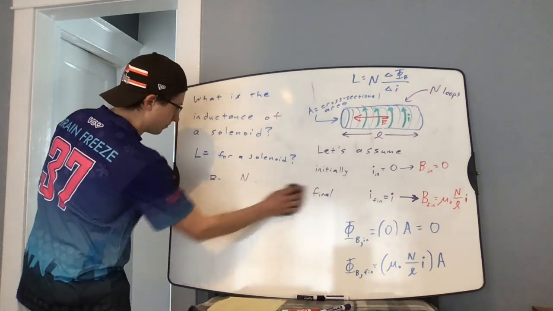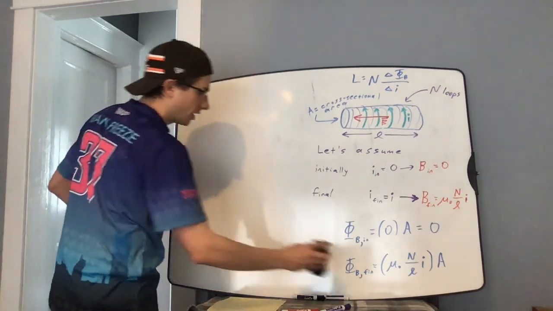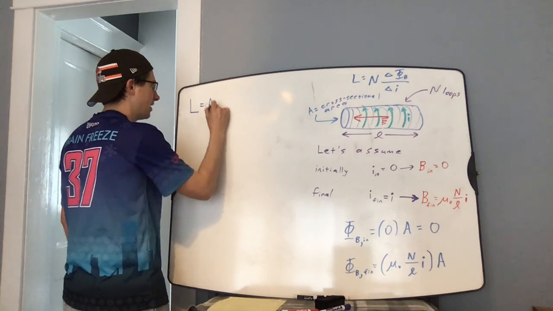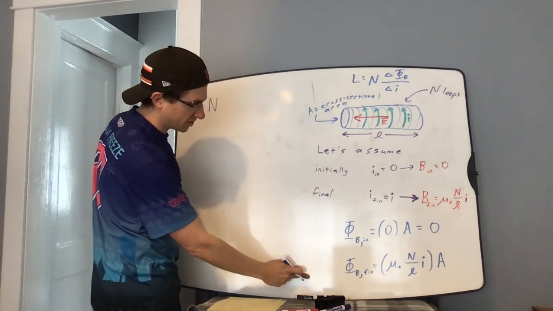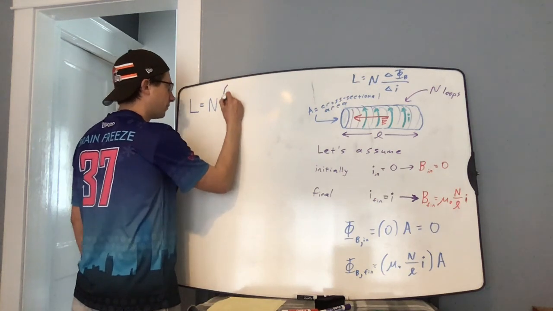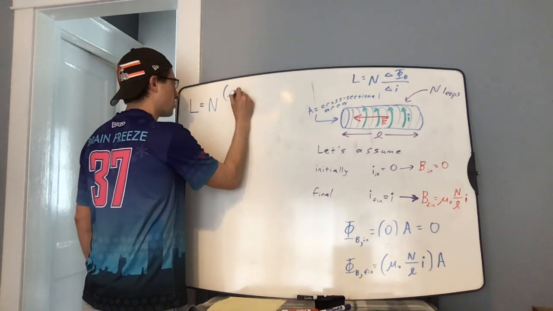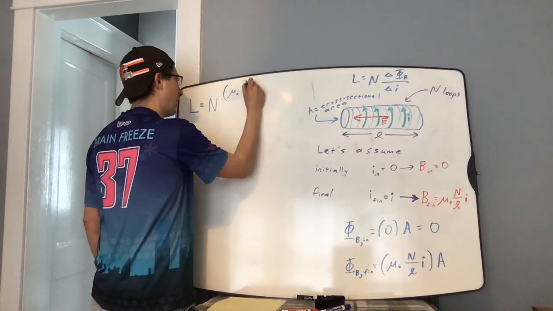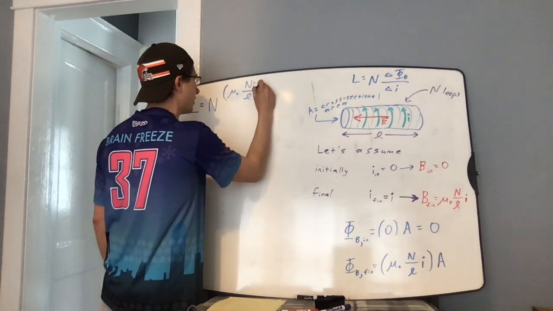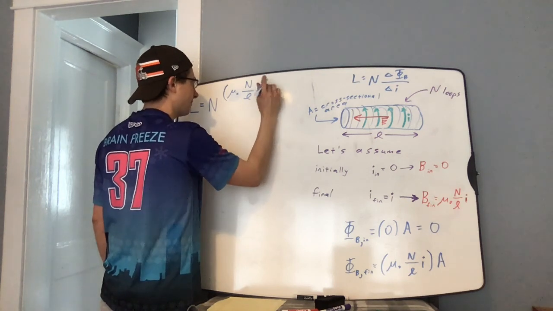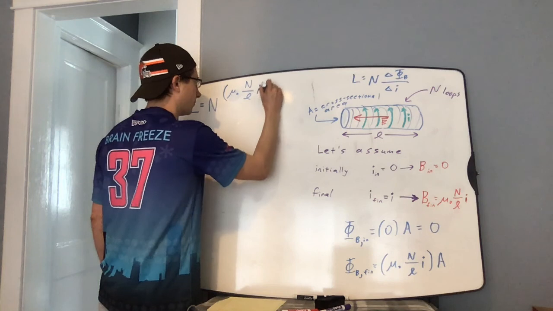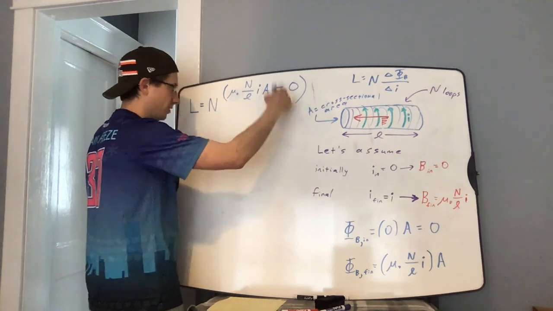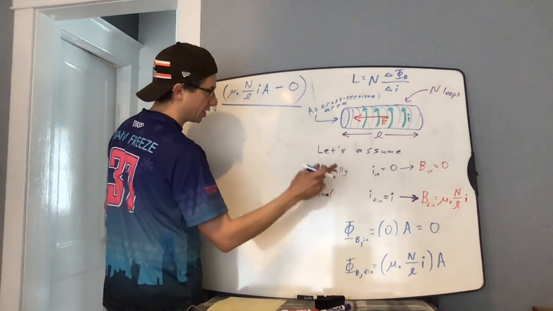So I could say, if I plug these values in over here, the inductance of a solenoid could be written as N times the change in magnetic flux, so final minus initial, mu naught times N over L times I times A minus 0, final minus initial, divided by the change in current.